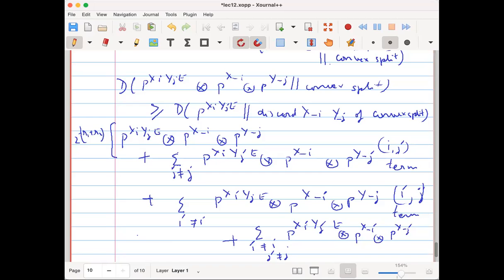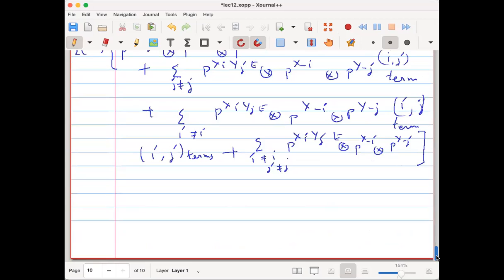These are the i prime j prime terms. So this is the full convex split state with close brackets. I've broken up the convex state into a sum of 4 terms. There is the x_i, y_j which we are interested in. Then these are the i j prime terms, these are the i prime j terms, and these are the i prime j prime terms.